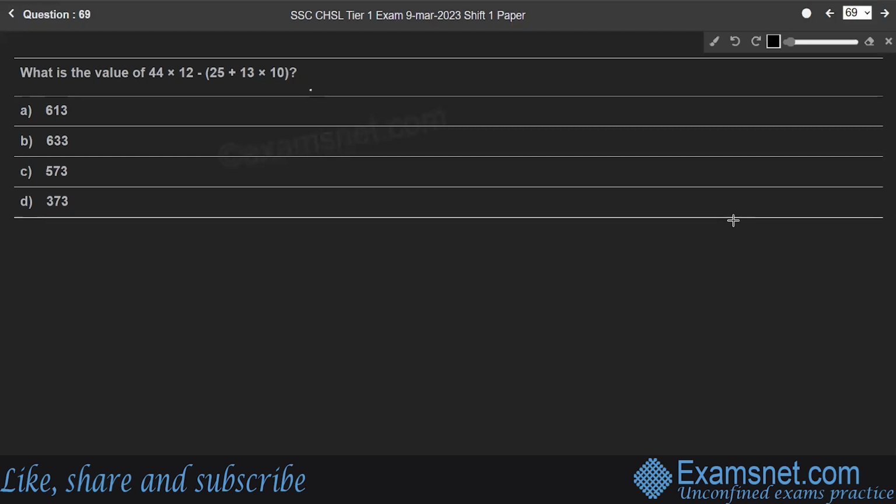Question 69. What is the value of 44 into 12 minus of 25 plus 13 into 10? Here, students, we are following the BODMAS rule. That is, first remove the bracket. In order to remove the bracket, we need to solve 13 into 10 first, because multiplication comes before addition.